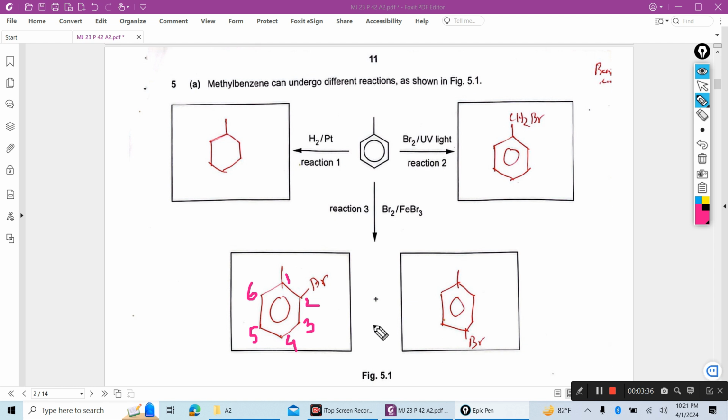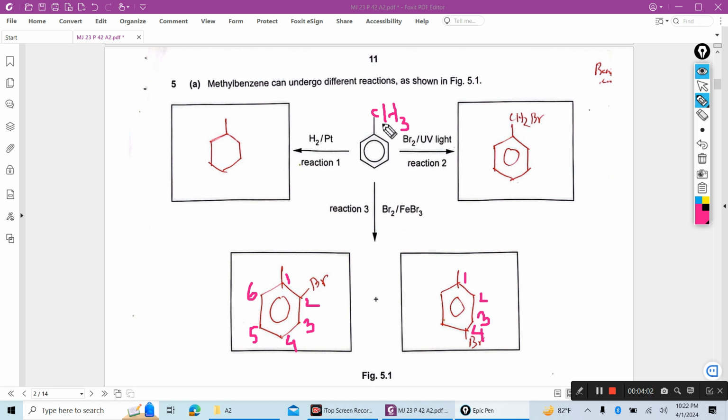When an alkyl group is attached to the benzene ring, the substitution product will be at the 2 position and 4 position, because the methyl group is an electron donating group.